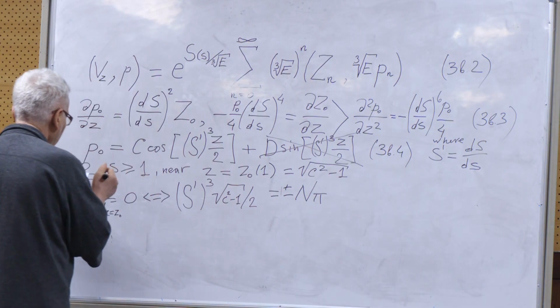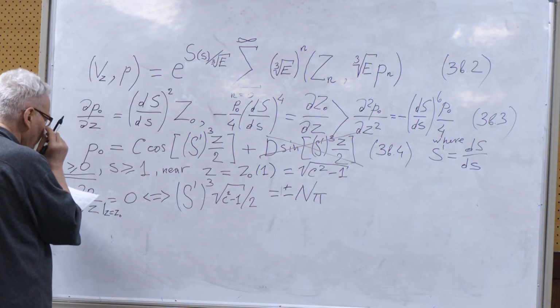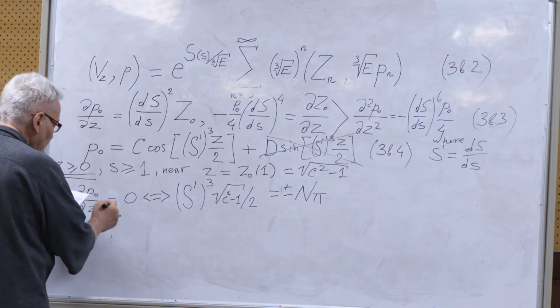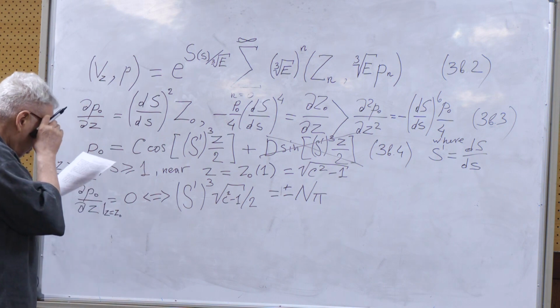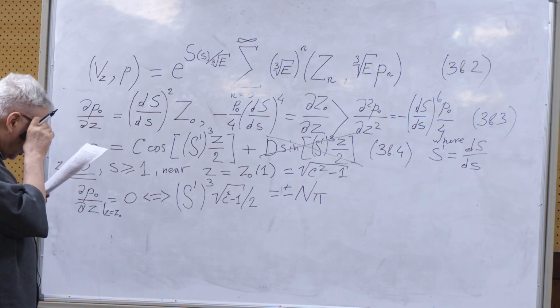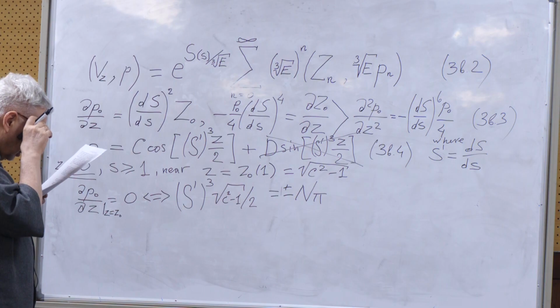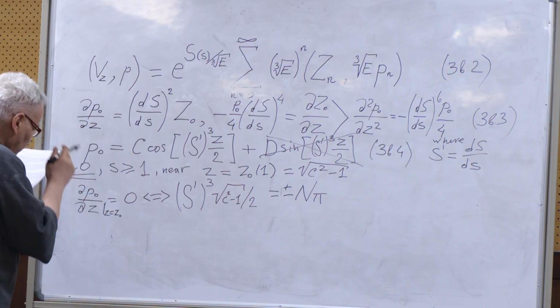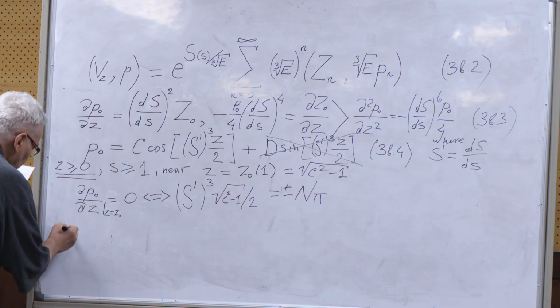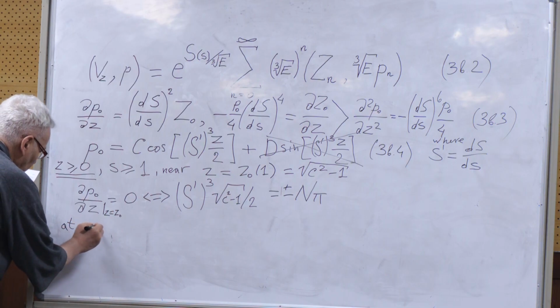So here we are working at z equals zo, but also we could work at z equals naught.